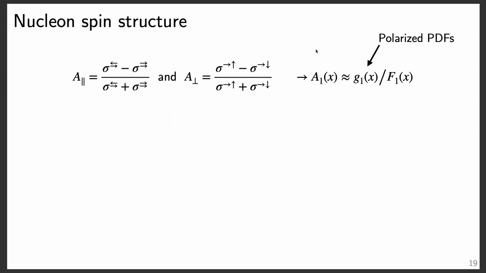And this A1 is what you essentially try to measure from a combination of these two double spin asymmetries. This is approximately equal to the g1 structure function, which is the polarized PDFs. And so this gives you information. This is how you extract the spin content of the nucleon.